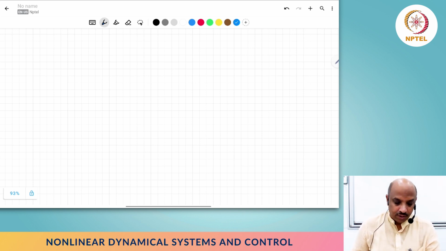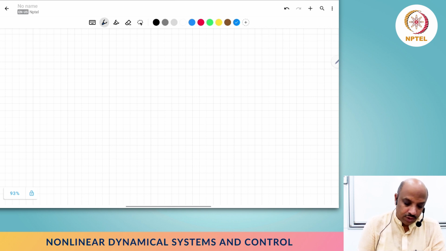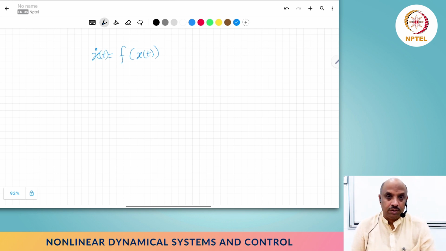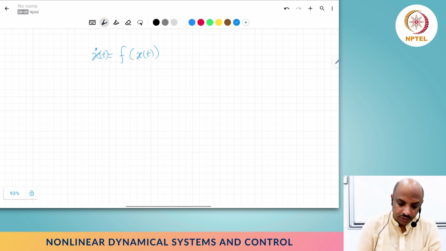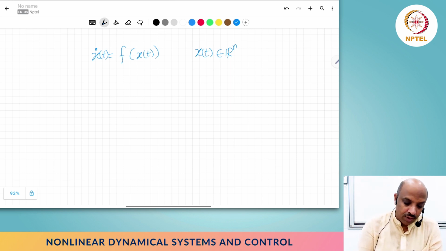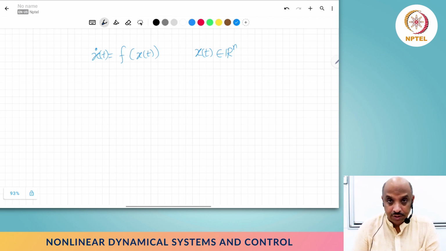So we started the course by looking at various models, and then we eventually understood how to look at some kind of guarantee of existence of solutions for this particular differential equation, where I'm sure by now you know that x of t is a function mapping R^n to R^n, where the input is time t, and x dot is the time derivative.